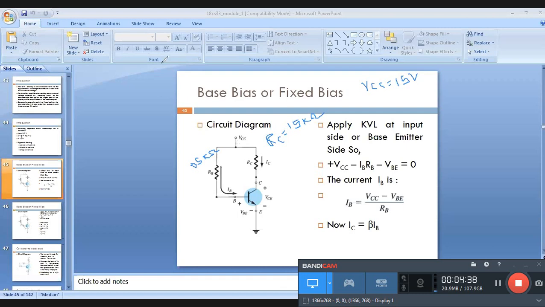IB is equal to what you have to apply. Apply KVL. VCC minus IB into RB minus VB is equal to 0 for the input terminal.